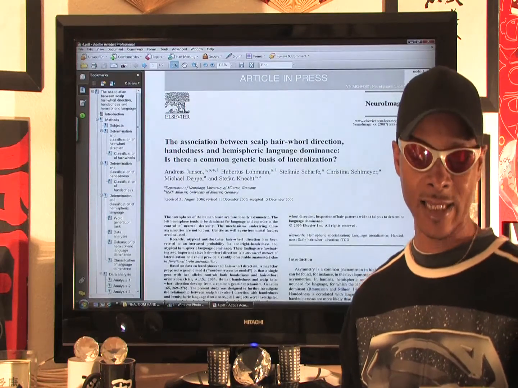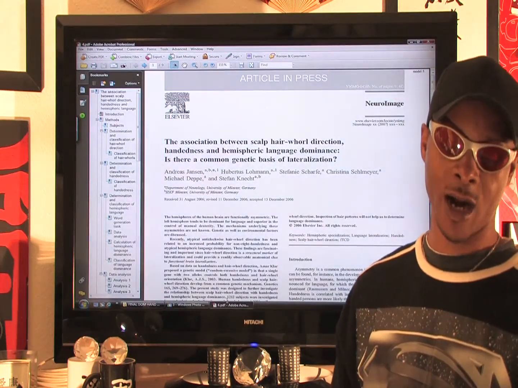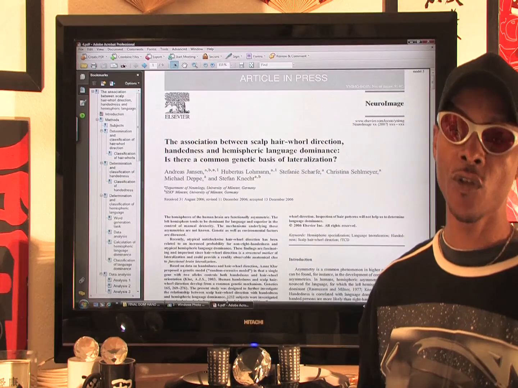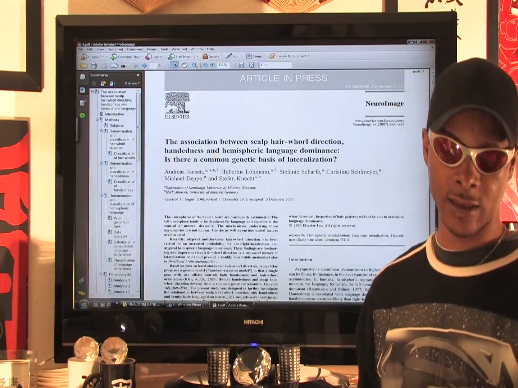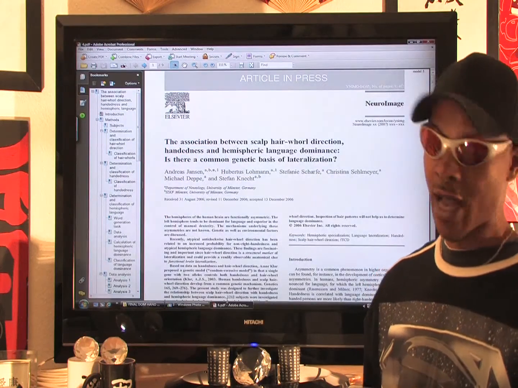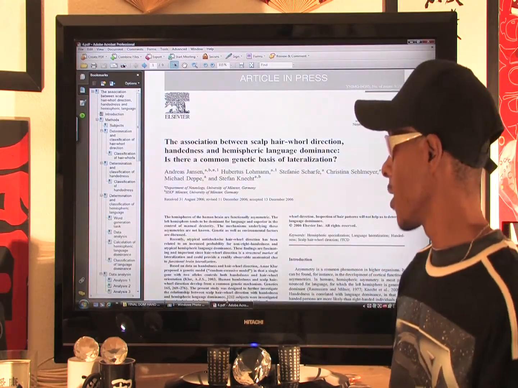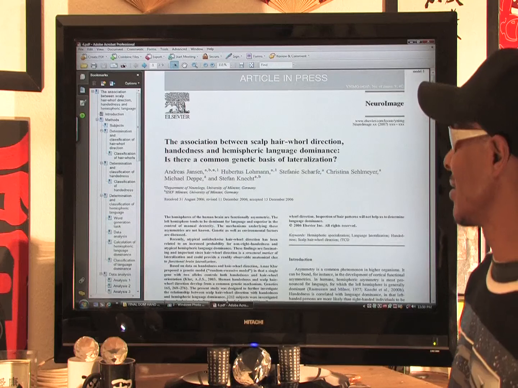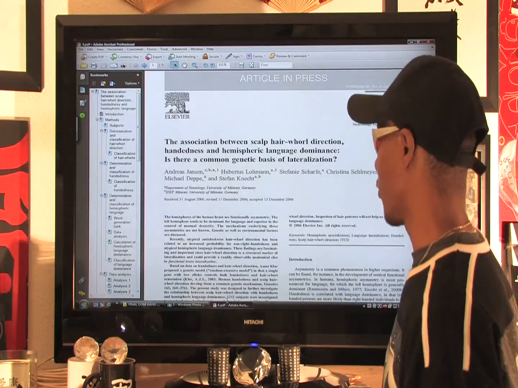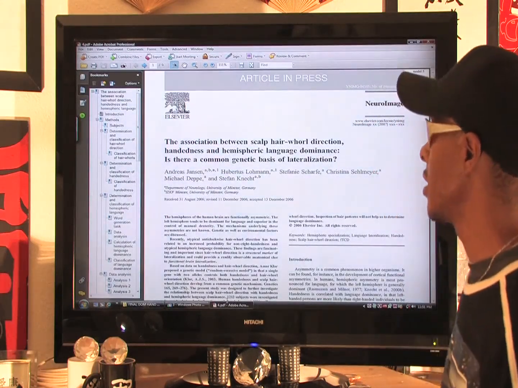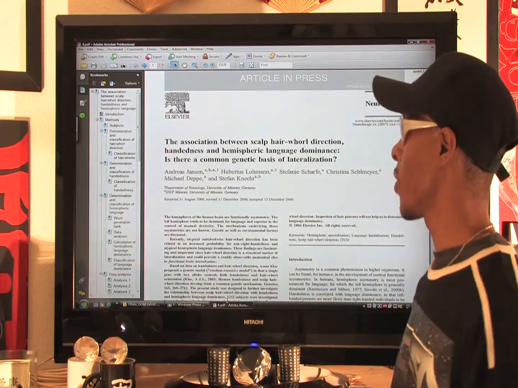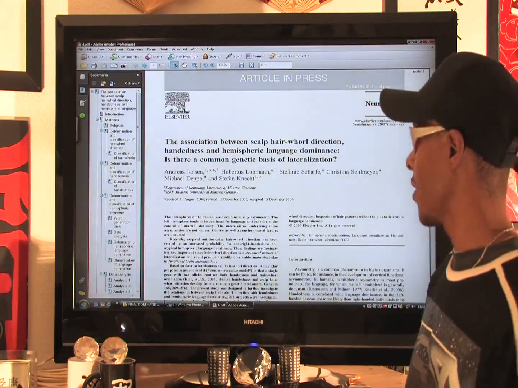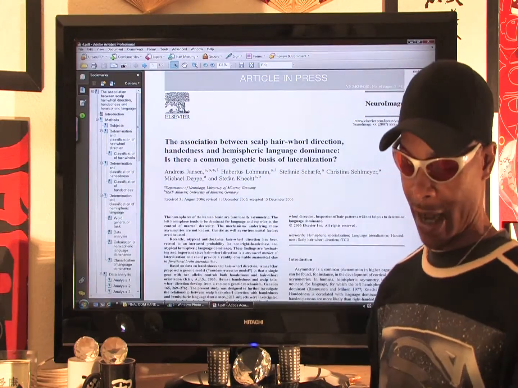Now, there has been other research done in the area of handedness by other scientists that use the spiral to determine handedness. The title of this paper is called "The Association Between Scalp Hair Whorl Direction, Handedness, and Hemispheric Language Dominance." And the question they pose is there a common genetic basis of lateralization?